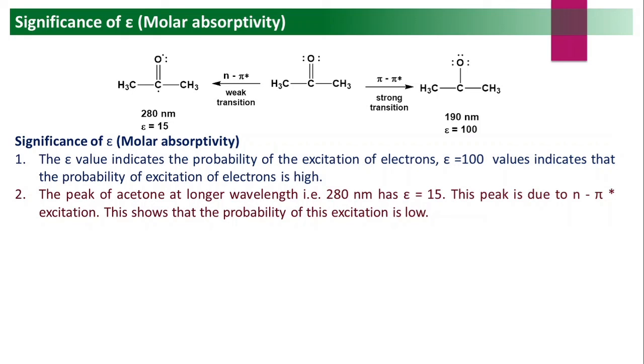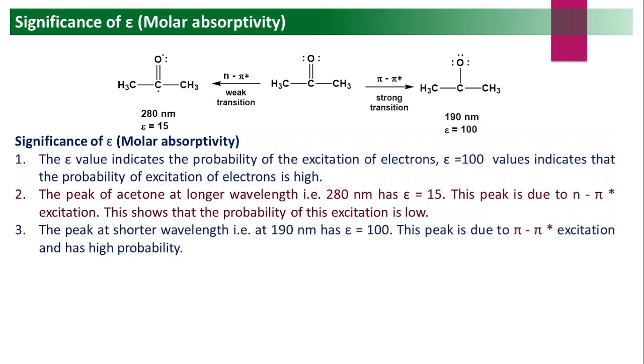It is due to n to pi star excitations, and this shows that the probability of these excitations is very low, so very few electrons show these excitations. The peak at the shorter wavelength, 190 nanometer, has an extinction coefficient of 100. This peak is due to pi to pi star excitations and has a high probability. So if the epsilon value is high, the excitation probability is very high.